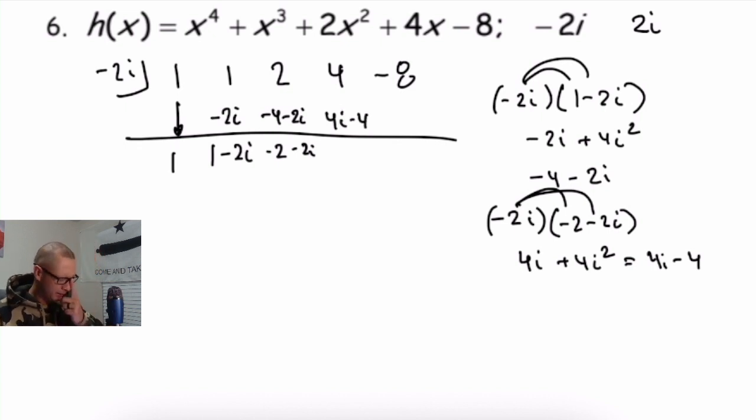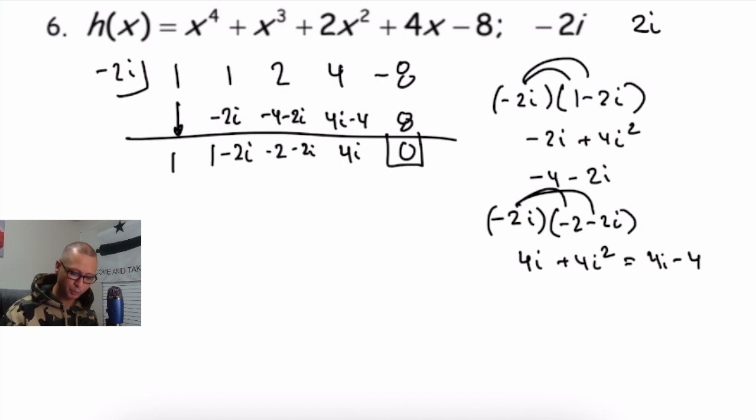When we add, combine the real parts, we just get 4i. All right, last step. Negative 8i squared. So it's going to lose i squared and change the sign. So positive 8. When we add, we get 0. Okay.